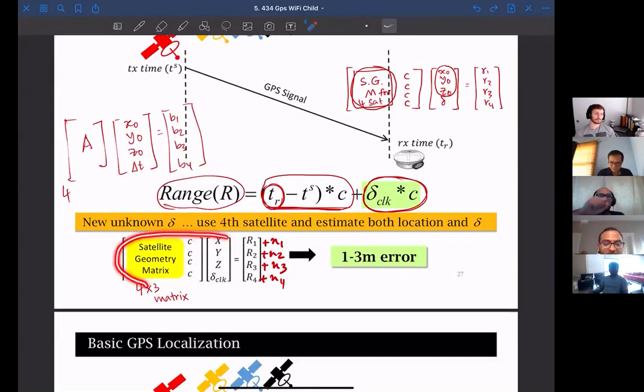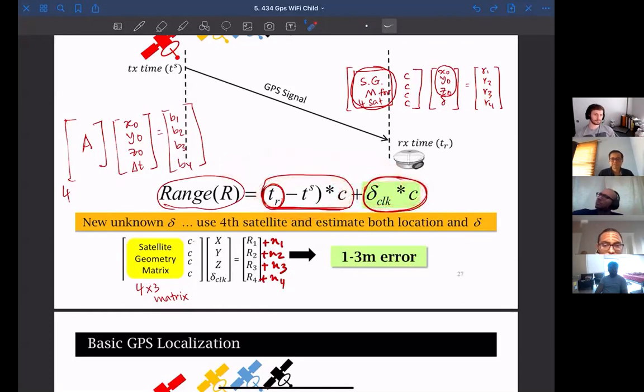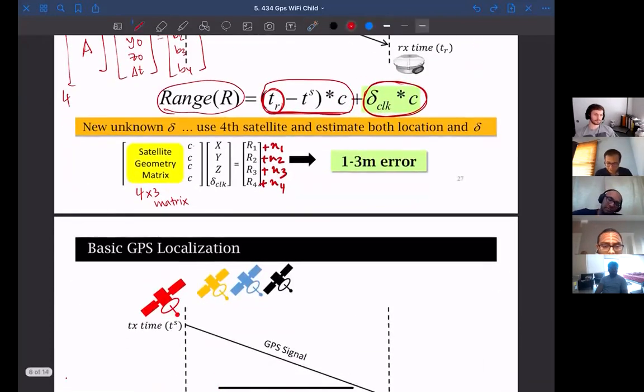This is the total. Okay, look at this. This is your R1, R2, R3, R4 for every satellite. You bring this one over here. Make sense? Range minus delta clock times C equals TR minus TS times C. Agreed?